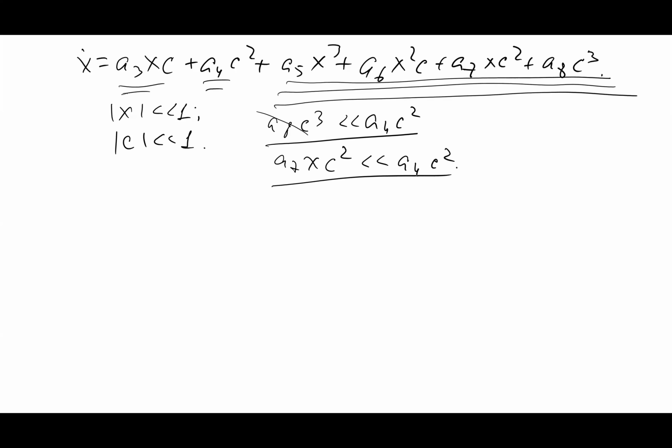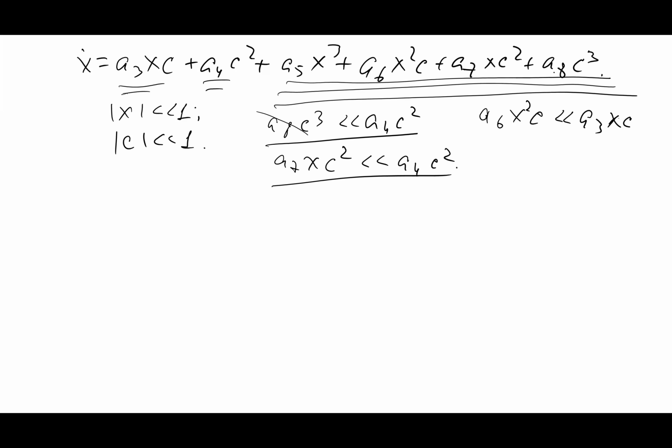And on the other hand, A6x squared c is much smaller than A3xc, also can be ignored.